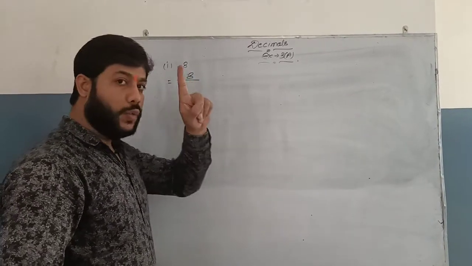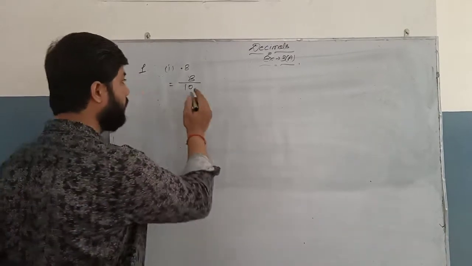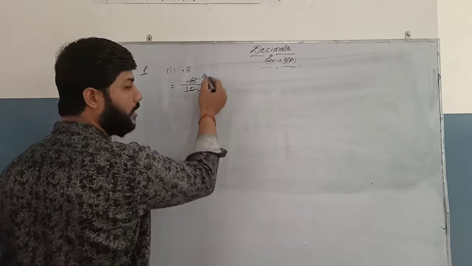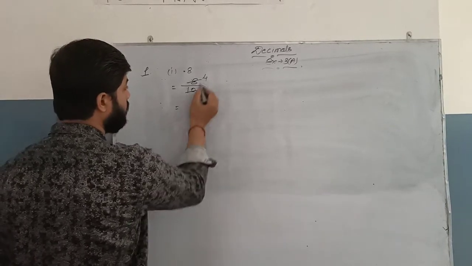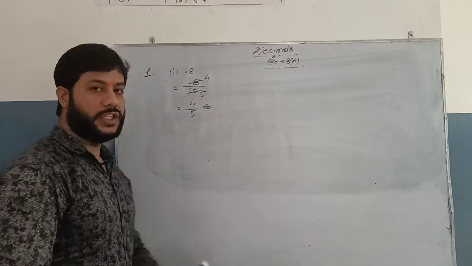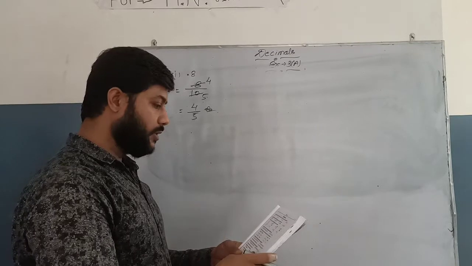Here it is 1, so we will place 1 and 0. Now we will divide: 2 4s are 8, 2 5s are 10. Now further division cannot be done. So 4 by 5 will be your answer. This is in simplest form. Likewise, you will solve the other questions.